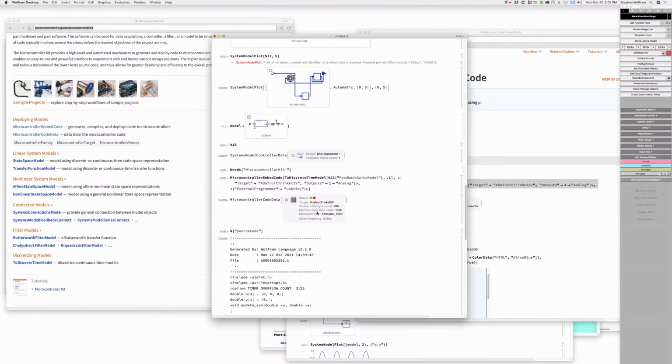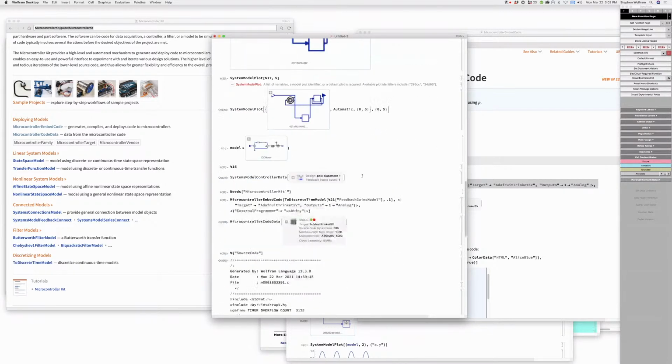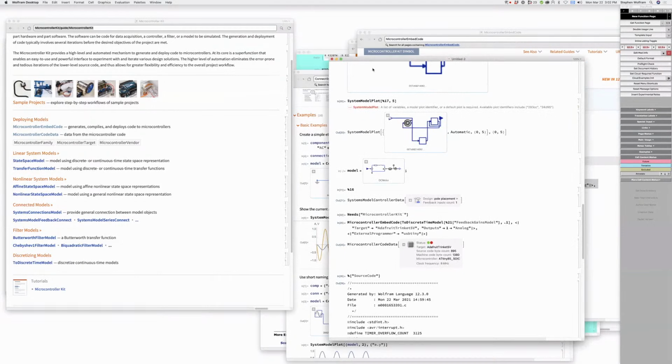Fair enough. Okay. Well, good. This looks very impressive, and a large system here. This business about systems model versus system model needs to get figured out. Right.